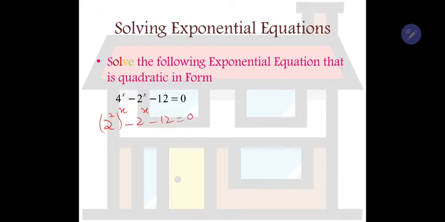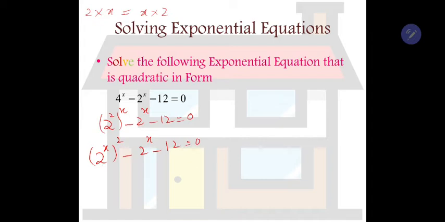Now, you know 2 times x or x times 2, both are the same thing, so we can always switch their places. So can I write this as 2 to the power x, squared, minus 2 to the power x minus 12 equals 0? That would make our life easier when we are solving this question.